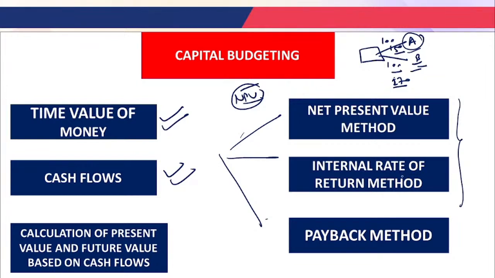In the internal rate of return method, the net present value is zero, so that is also a method. And the payback method is quite simple to understand.